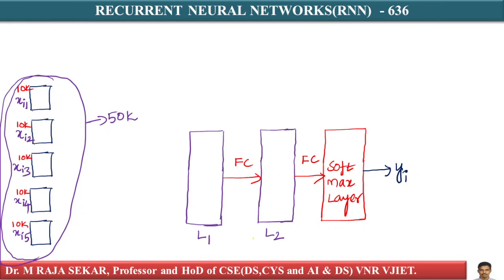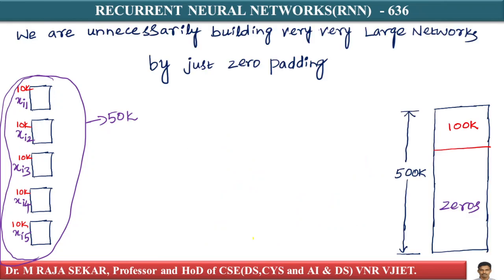Imagine the size of input here will become massive in most cases. You are just building unnecessarily very large networks by just zero padding.